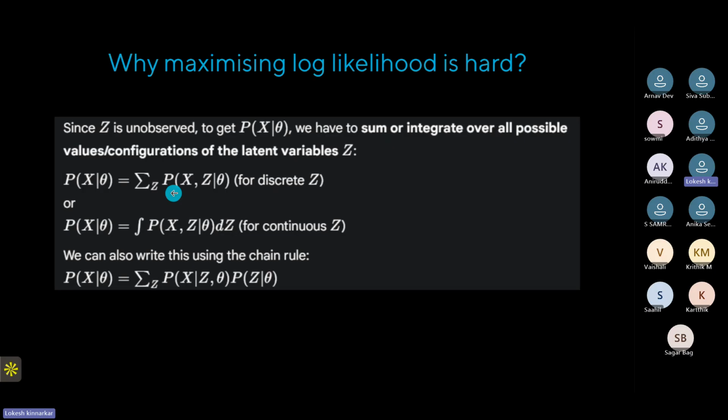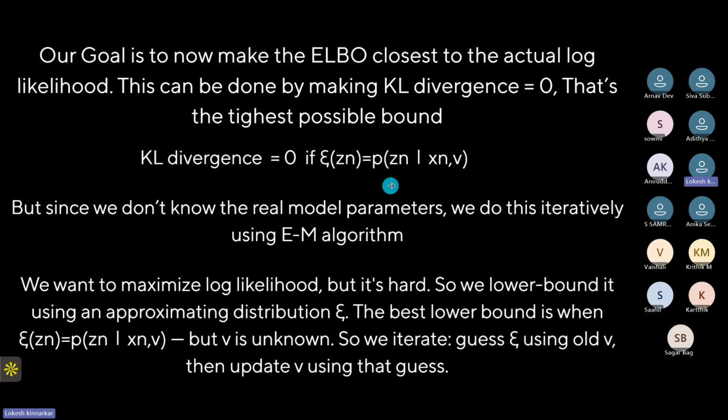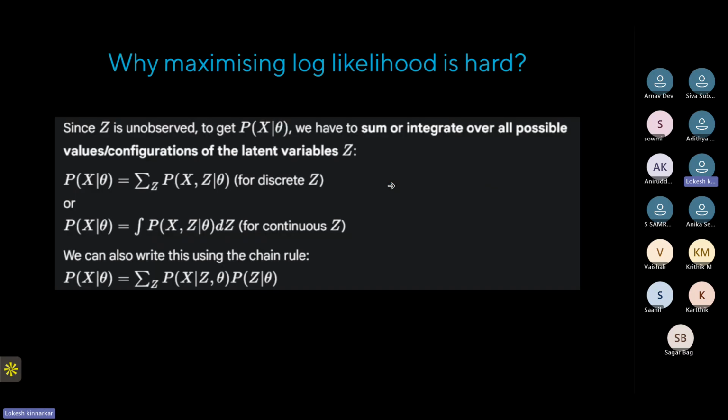But the problem is that if there are thousands of data points, there could be multiple assignments of data points for each cluster. So essentially, it is very difficult to keep track of this particular probability. And even in the case of integration, you have to integrate over a high dimensional vector. So it is not tractable. So instead, what we do is we use this tractable distribution for which we know the model parameters and try to optimize it.